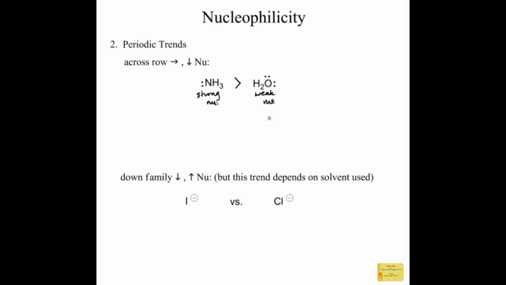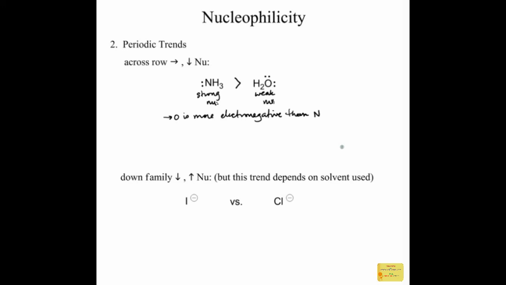It's the electronegativity as we move closer to fluorine. So, because oxygen is more electronegative than nitrogen. What does it mean to be electronegative? It means you pull electron density toward yourself.